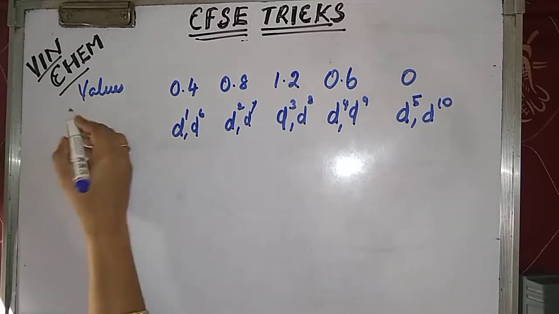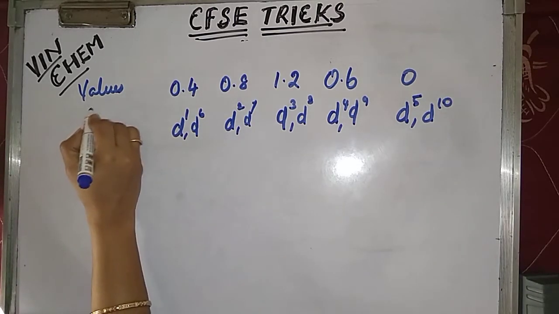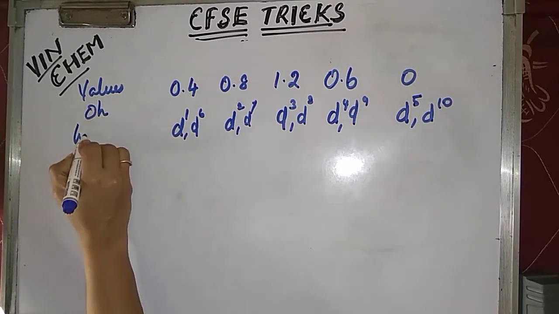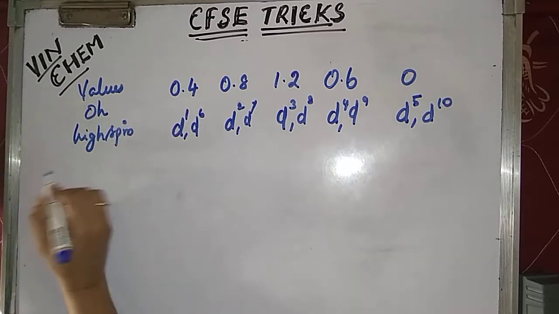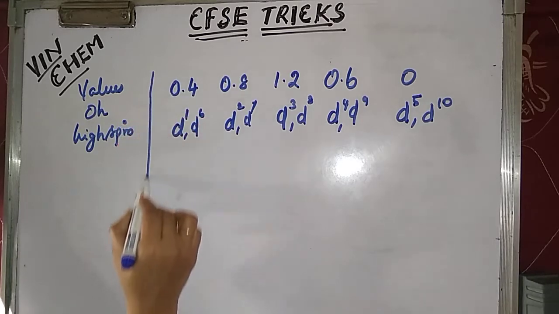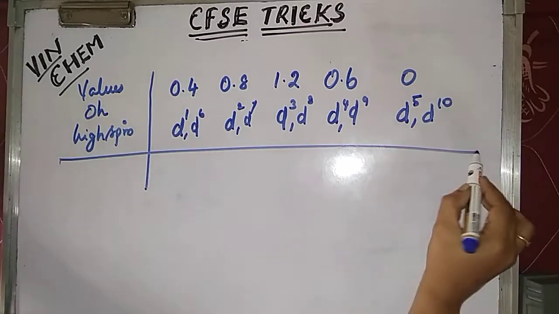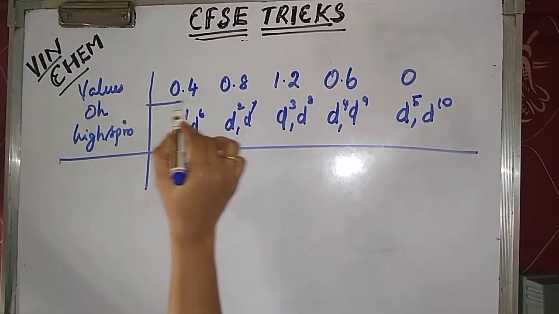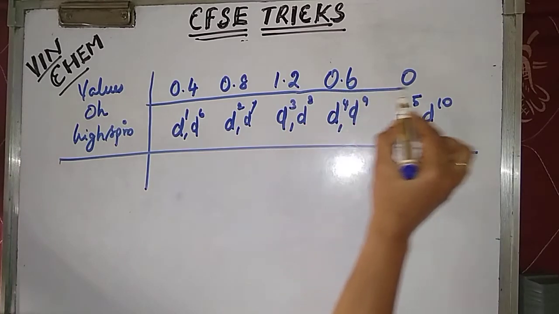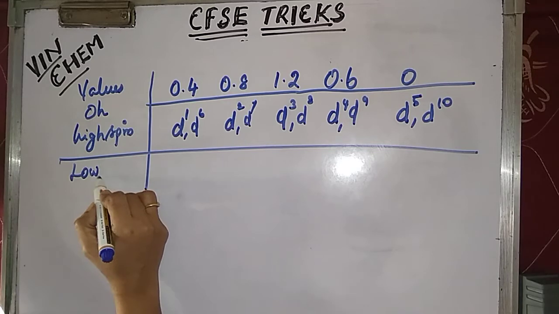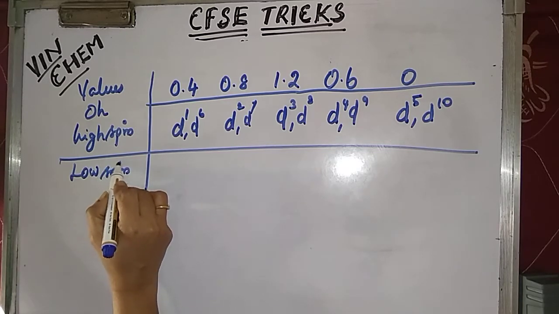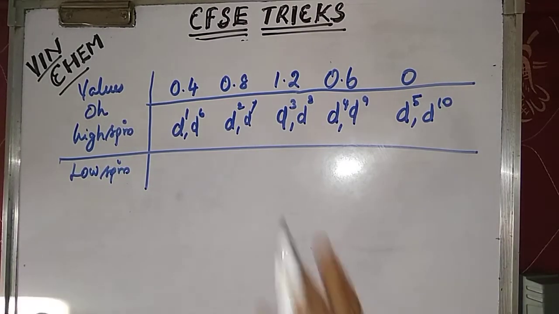This is for octahedral complexes, the octahedral high spin values. And if it is low spin, how do we have to do it? That is also another way.